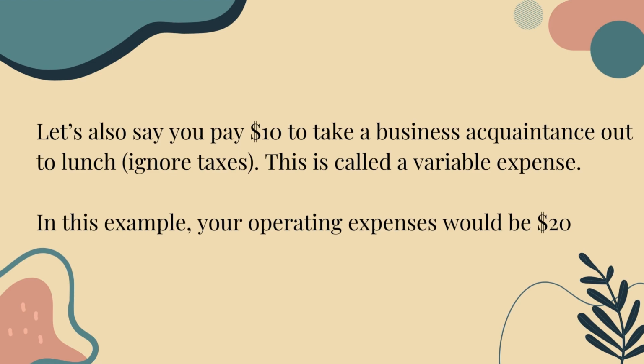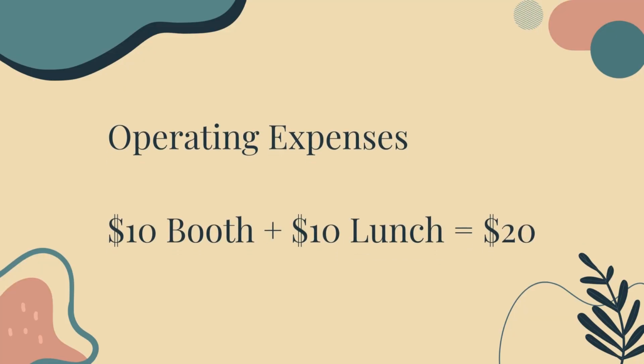And it could be something that goes up as you produce more of something, your cost goes up. But in this example, it's just you going out to lunch. Maybe you go out twice a month, 3 times a month. That's a variable expense. So in this case, your operating expenses are $20.